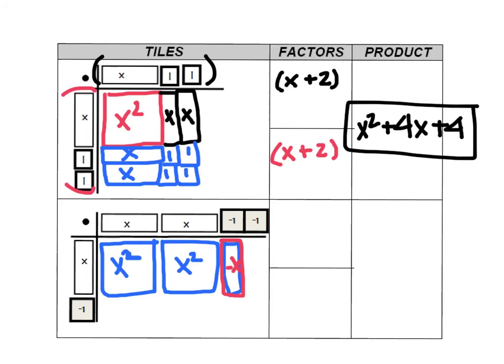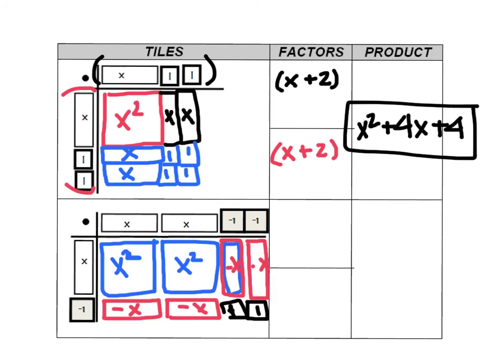Negative 1 times x again would make this a negative x. X times negative 1 would give us a negative x, and again a negative x. Negative 1 times negative 1 would turn into a positive 1. And negative 1 times negative 1 also would turn into a positive 1.